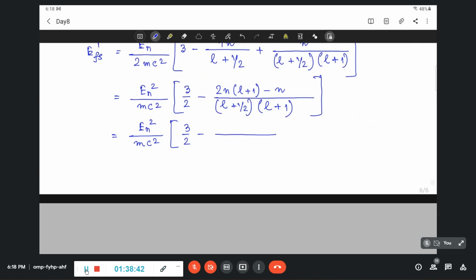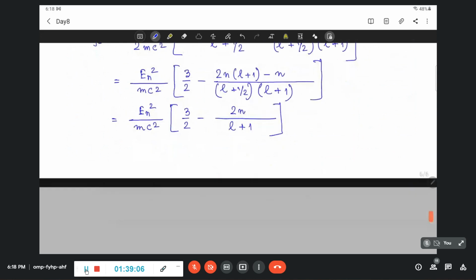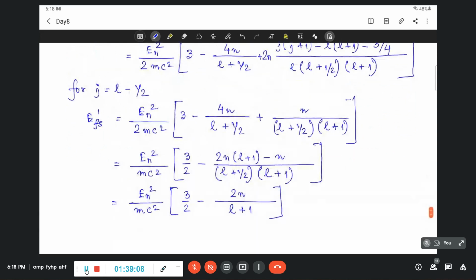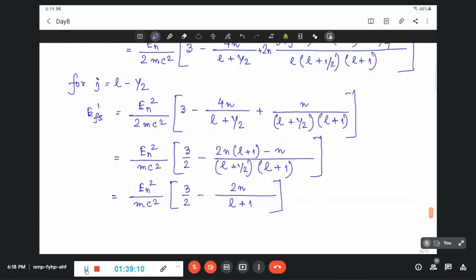So this is 2nl plus n, and if you take the 2 common, you will have 2n times L plus half. This L plus half and L plus 1 cancel, L plus half cancels, and it becomes L plus 1. And you started with this case for L minus half, so this becomes J plus half, right?